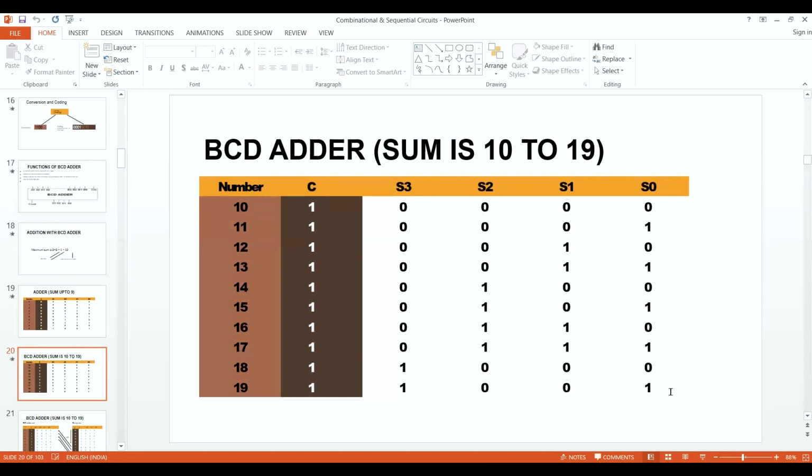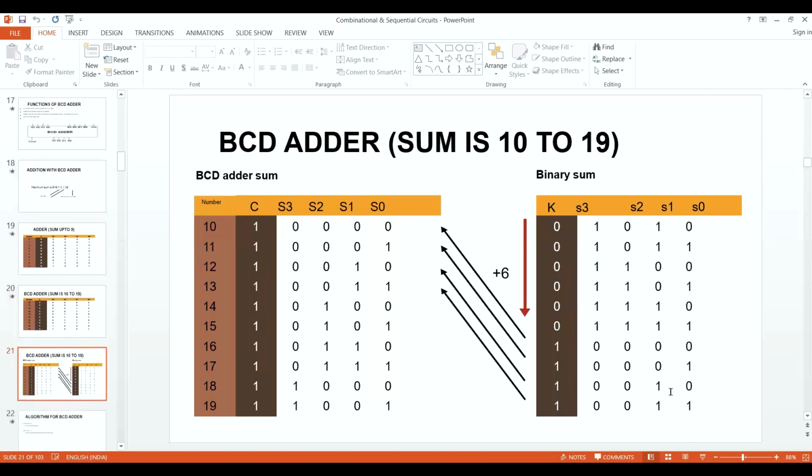I hope this is clear. So remember, the value of carry or the value of extra input you are providing would play a part. Now see over here, it would be more clear. When you are going to more than 9, I'm going to add 6, and it would behave in the same way. Like you can see, this is your 10 to 19, and this is being shifted over here, because when it is turning 1, it is going back.